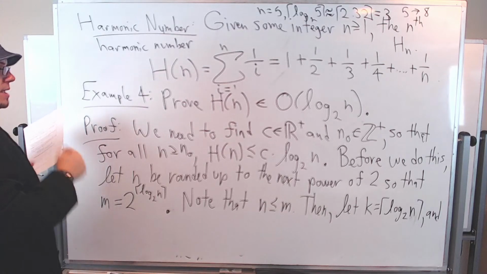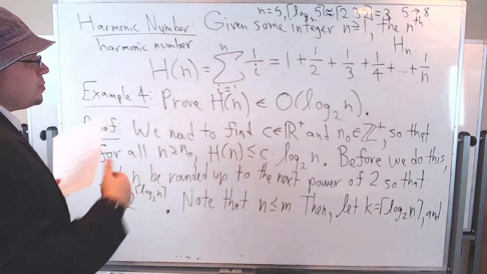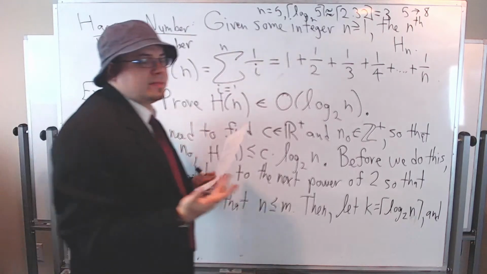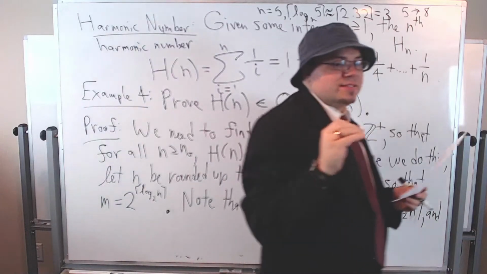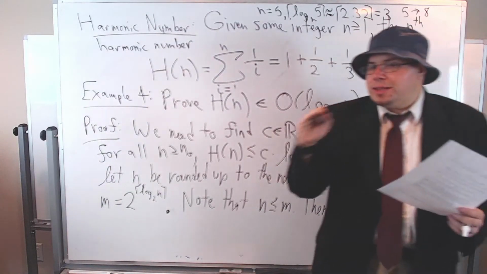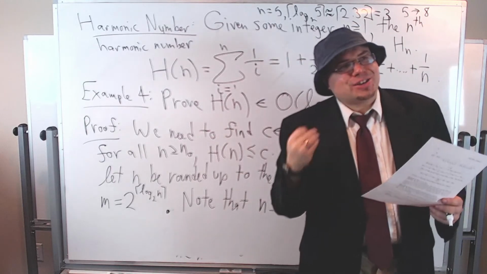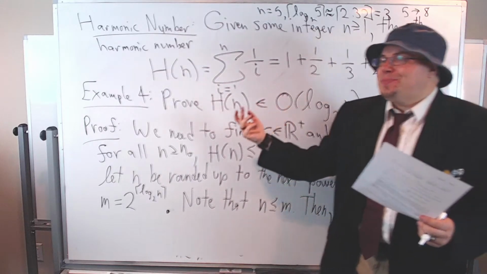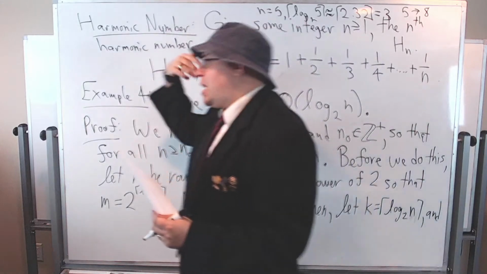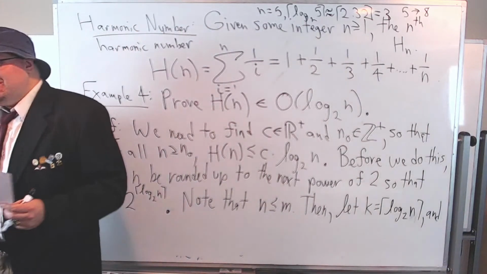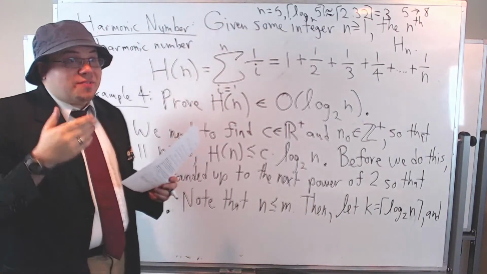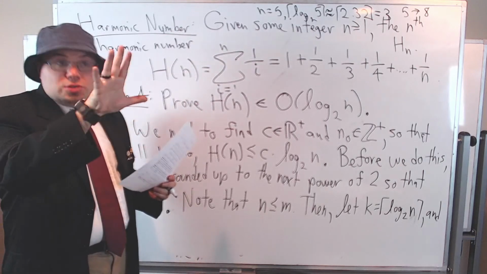But that also means something interesting. If I give you a number that's smaller than another number in the logarithm, what does that look like when I raise it to another power? Well, 2 to the logarithm of that number, when I round it up, should in fact be bigger or equal to the original.